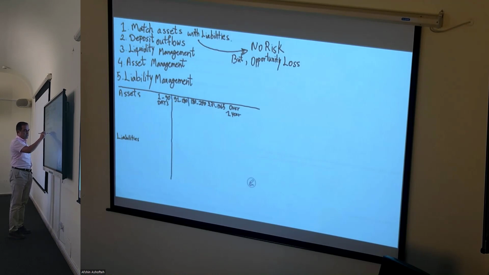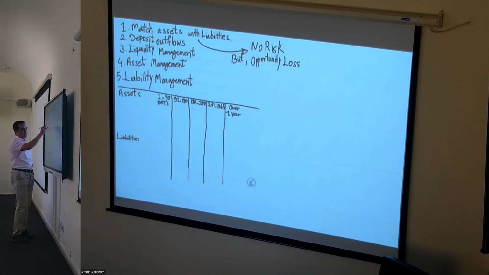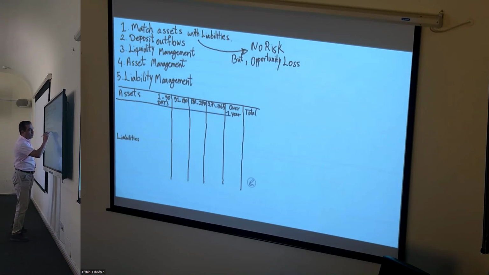Let's say we have these different categories in different buckets. And finally here, the total. So here, these are all days. And here we can have what?